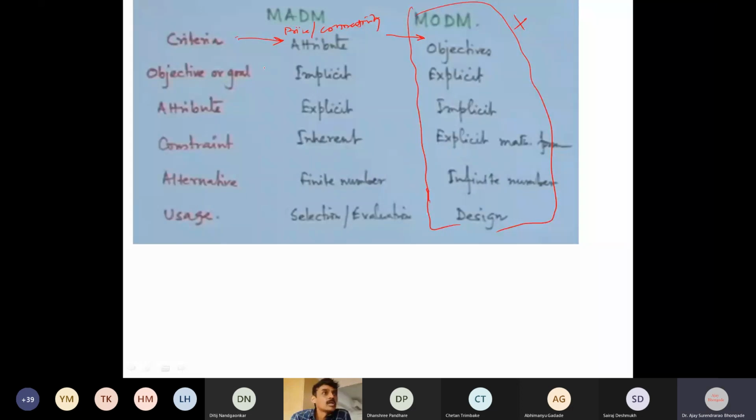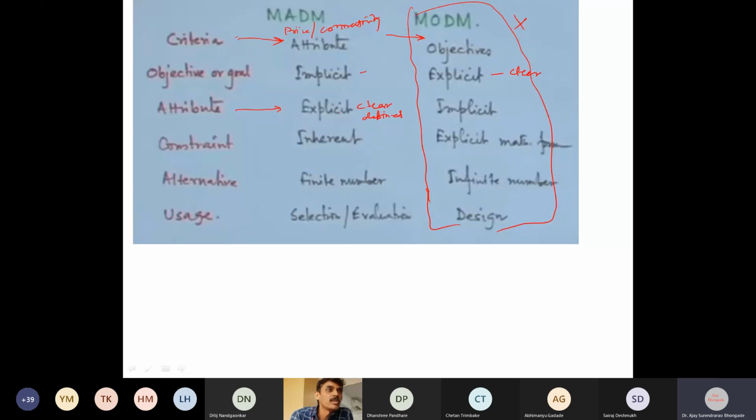Objectives and goals are very clear, explicit means clear. In this case it may not be very clear. Similarly, attributes are explicit here, that is, clearly defined.